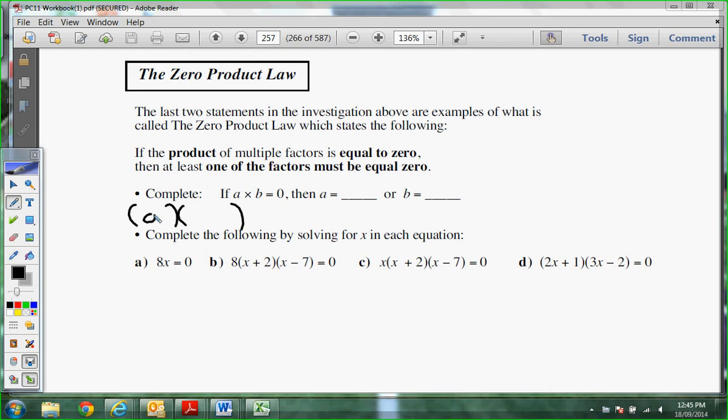Zero times anything is 0, so the whole thing's 0. If I get the right side to be 0, then it makes the left side 0 no matter what. That's why the zero product law works for either binomial, and that's why you have two answers. Does that make sense? So we need A to be 0 or B to be 0.